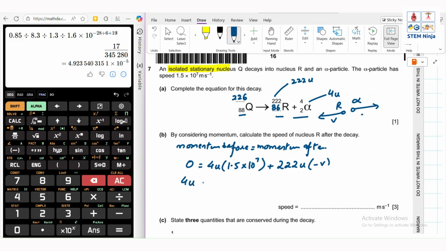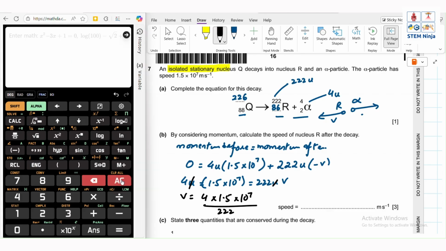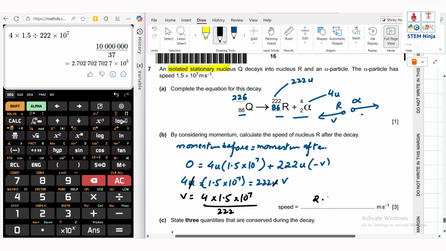So we have 4u times 1.5 times 10 raised to power 7 equals 222u times v. u cancels out. v would be equal to 4 times 1.5 times 10 raised to power 7 divided by 222. So 4 times 1.5 divided by 222 times 10 raised to power 7. So we get 2.7 times 10 raised to power 5.